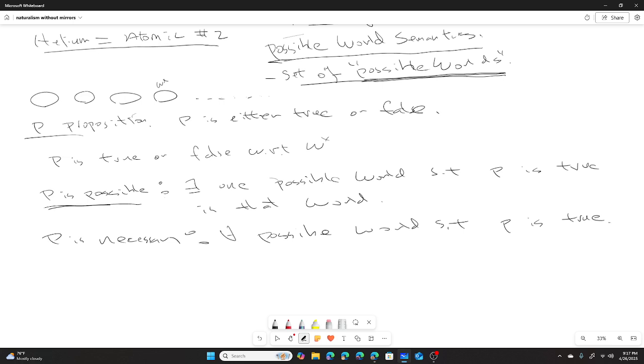So when P is possible, that means there is at least one possible world, or more than one, such that P is true in that world. When P is necessary, it means that for all possible worlds, P is true.